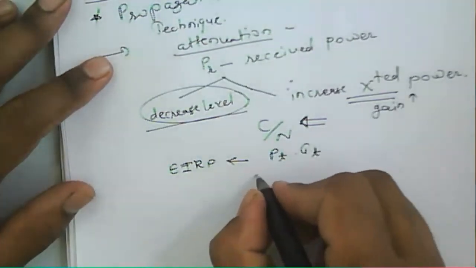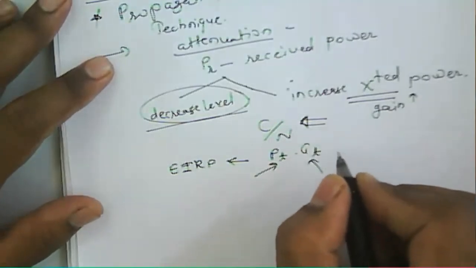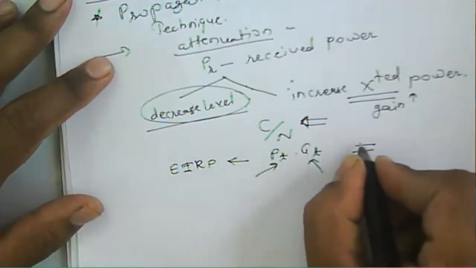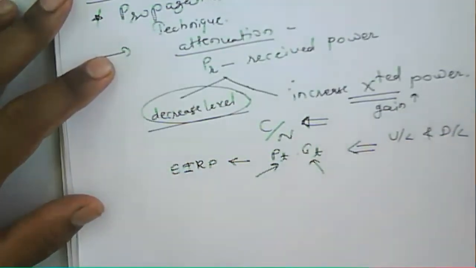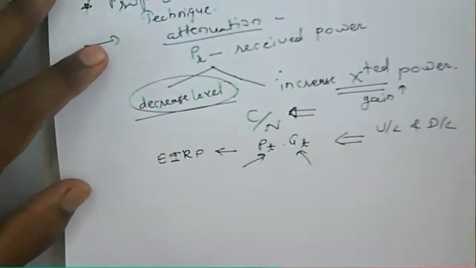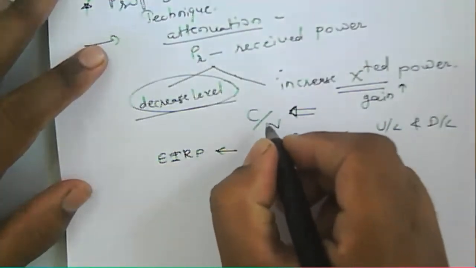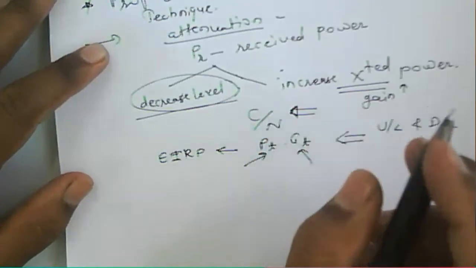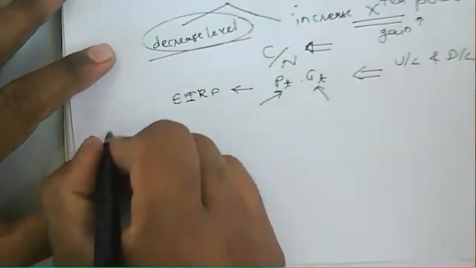There are two ways: we can increase the transmitted power or we can increase the gain of the transmitting antenna. And that will be for the uplink as well as for the downlink signal, so that we can improve the carrier to noise ratio, the C by N ratio, at the receiver.